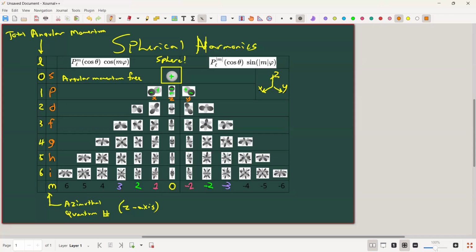He wanted to balance the centripetal force and the attractive force from the electrostatic interaction. When he did that, he got some stable solutions, but they required that there was always some angular momentum in the system.